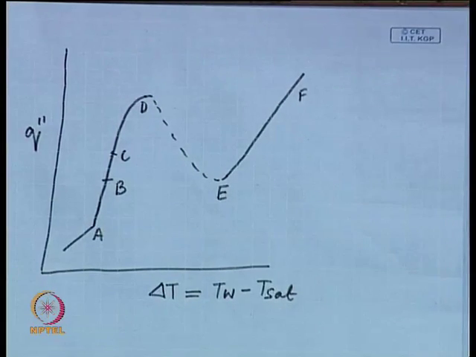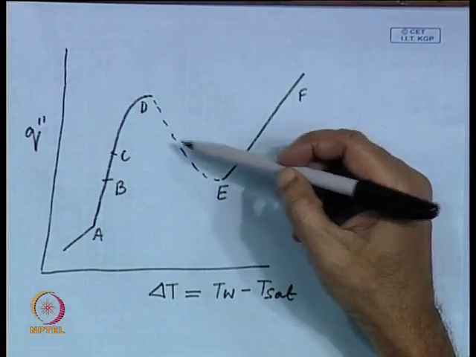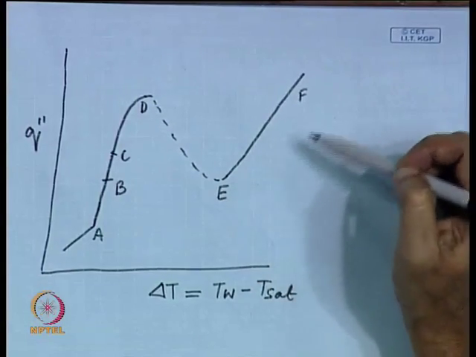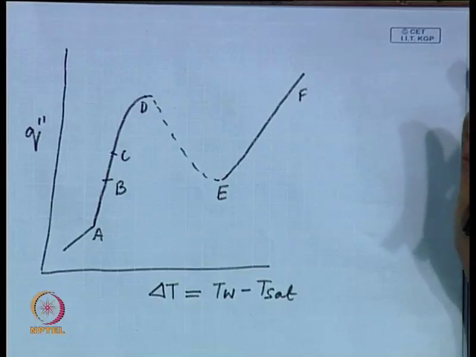Till today it is not very well known what the exact mechanism of heat transfer is during the transition boiling regime. So we do not have many models for the region D to E, but E to F is the film boiling region, and here again models are available.